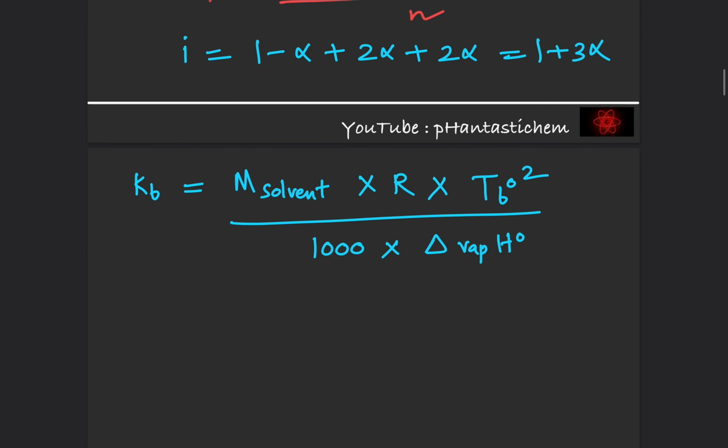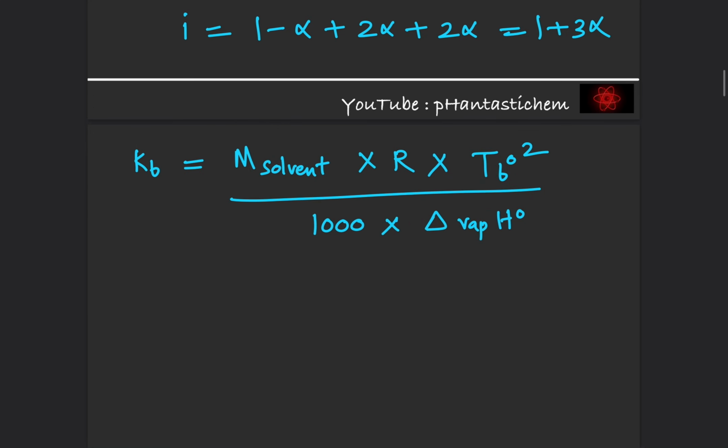In this formula, M solvent is the molecular mass of the solvent, Tb naught is the boiling point of pure solvent, R is the gas constant, and delta vaporization H naught is the standard enthalpy of vaporization of the solvent.